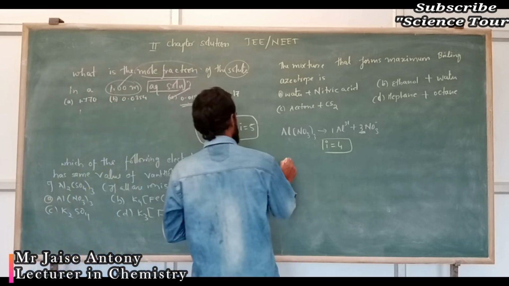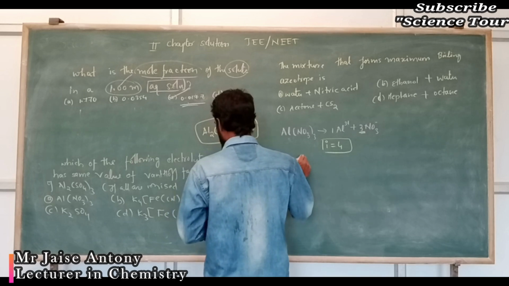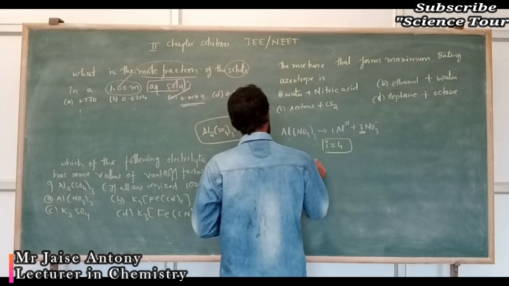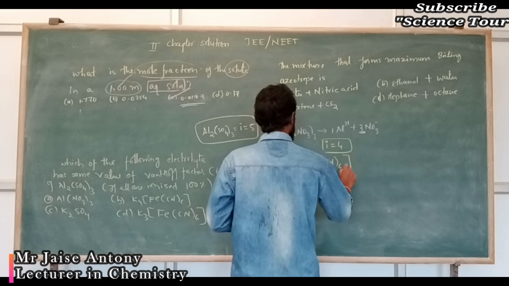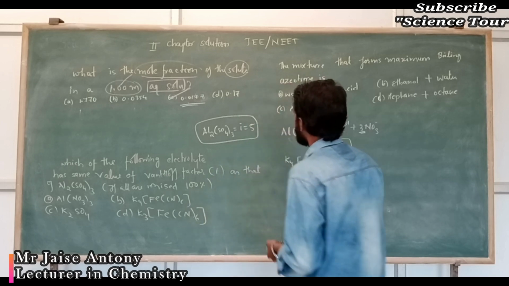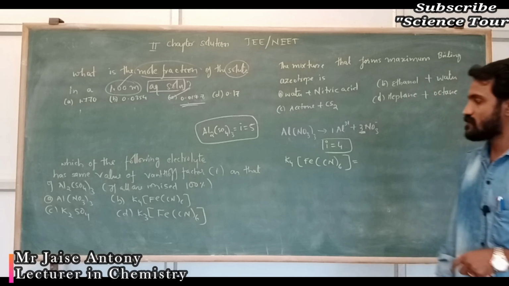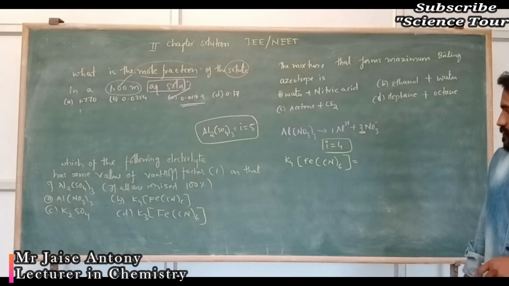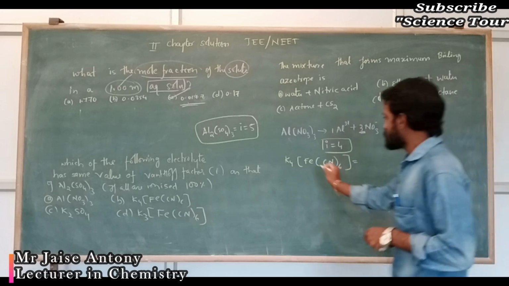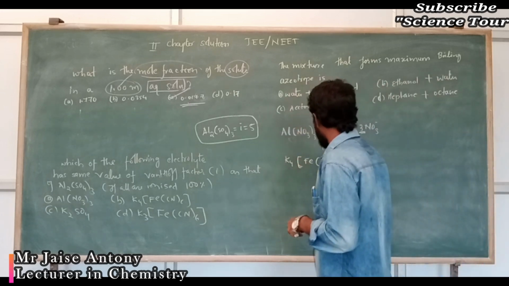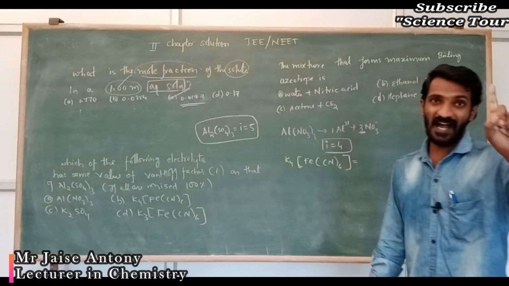Next we will check this one, potassium hexacyanoferrate, K4[Fe(CN)6]. In this what happens? Here the bracket represents a coordination compound, and it is considered as 1 ion.